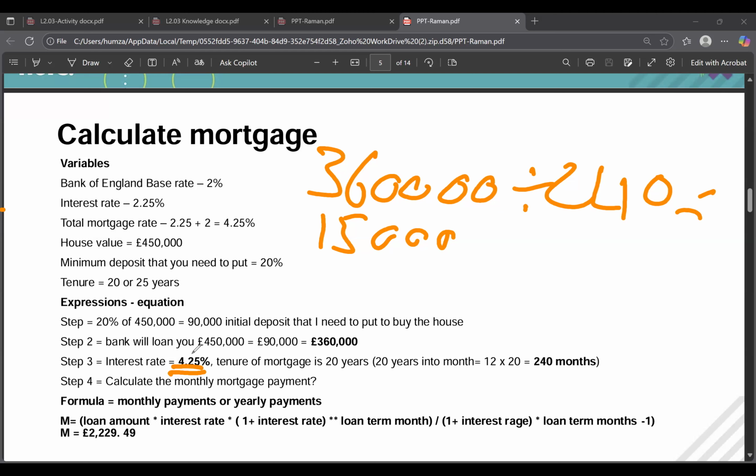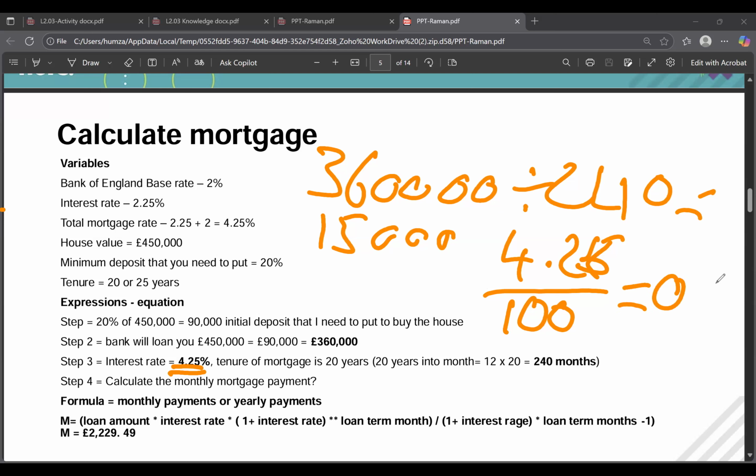To convert a percentage to a decimal, what we do is take 4.25%, and remember what I told you just before, divide it by 100, because percent means per 100. All you do is divide it by 100, and then we get 0.0425, okay?